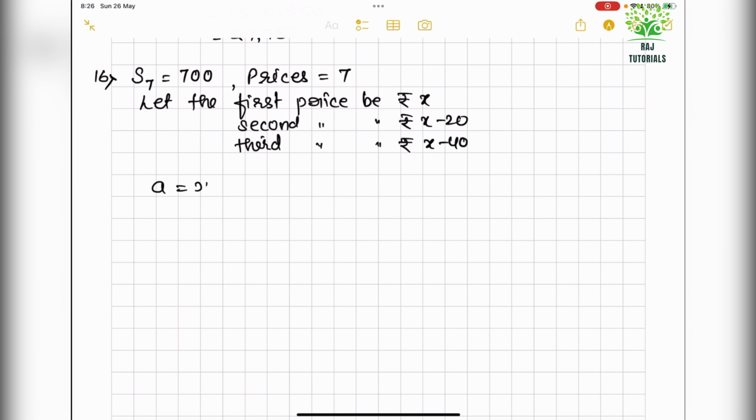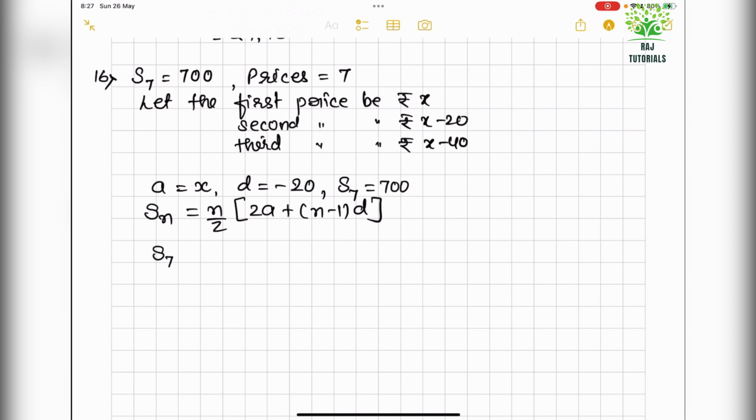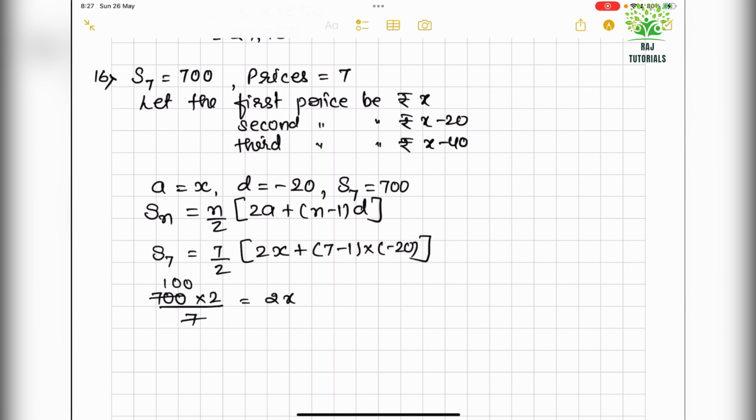So I can say a equal to x, d equal to minus 20, and S7 is 700. So using the formula Sn equal to n by 2 into 2a plus n minus 1 d, S7 will be 7 by 2 into 2x plus 7 minus 1 into minus 20. So 700 into 2 by 7, so 100, equal to 2x minus 120.